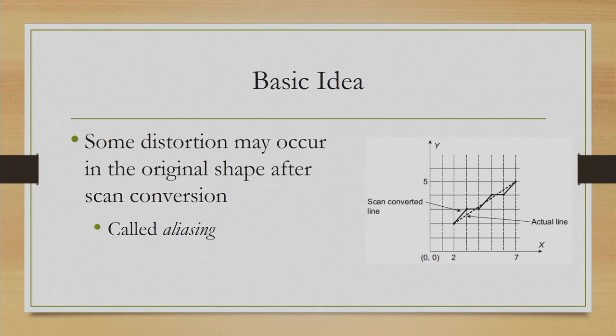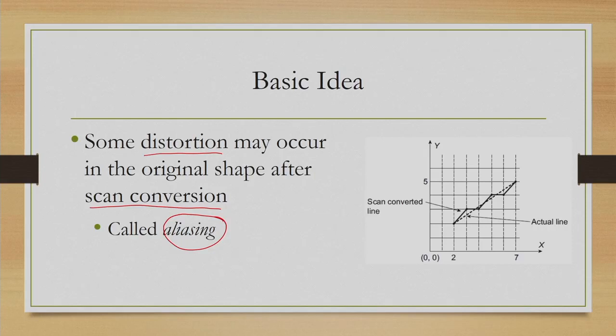In general, there will be distortion to the original shape after scan conversion for any shapes, not only lines. Now, the distorted shape that is there after scan conversion is called aliasing, this phenomenon where we get distortion due to the algorithms that we follow for scan conversion.